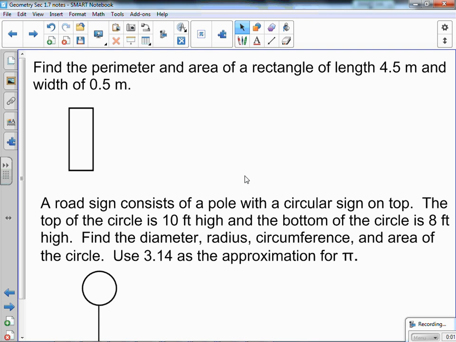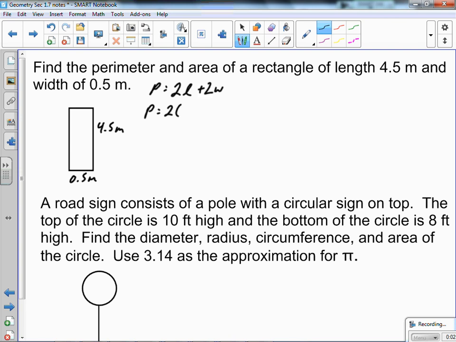Alright, so first example, find the perimeter and area of a rectangle of length 4.5 meters and width 0.5 meters. 4.5 meters for the length, 0.5 meters for the width. And so for perimeter, since it's a rectangle, 2 times the length plus 2 times the width.